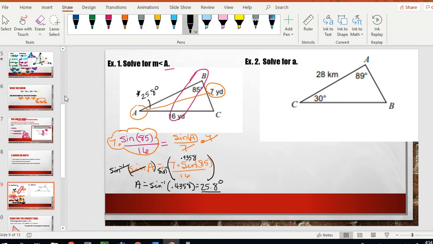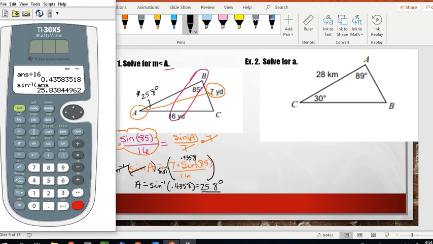Now, I told you there was another way to do this, and I said this is sine inverse of all of this, right? So I want you to notice that I can go ahead, very first thing, sine inverse. There's actually fewer steps to this. And then what I'm going to do in the parentheses, there is a fraction involved with this.